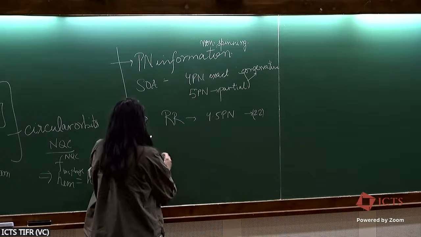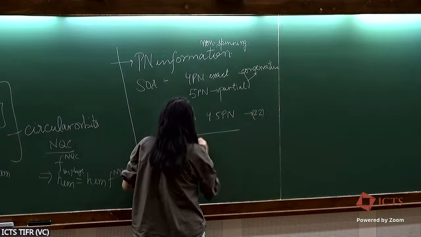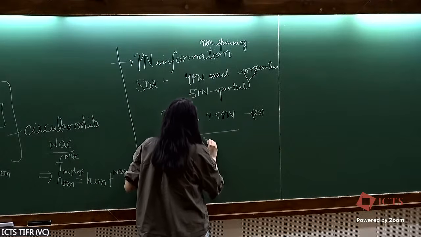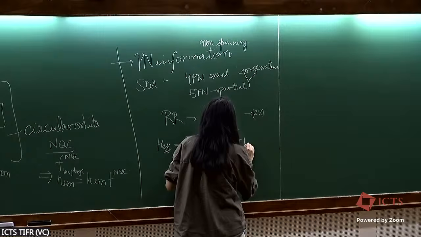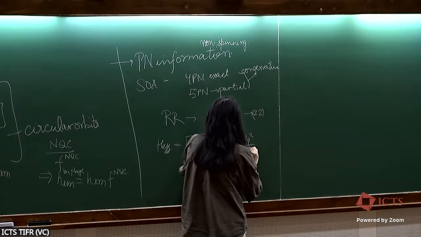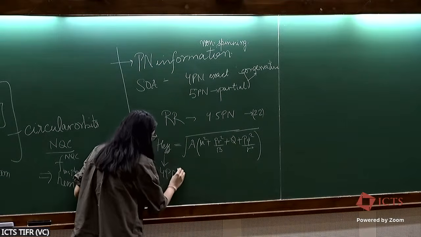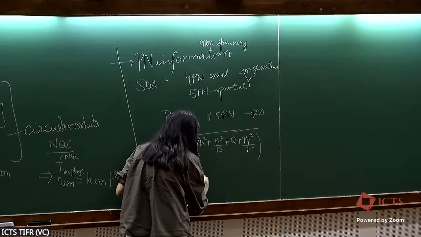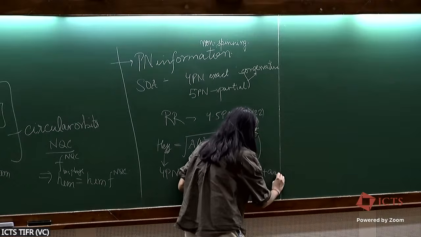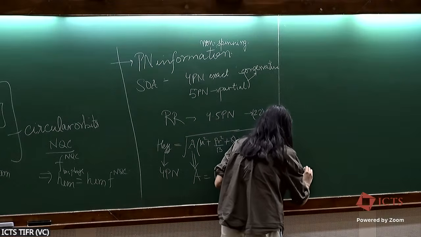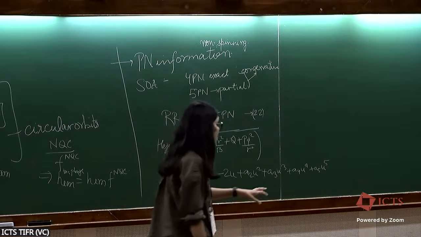So basically, H hat effective is also known up to 4 PN exactly, meaning that the A potential is known up to this order, which is U5.